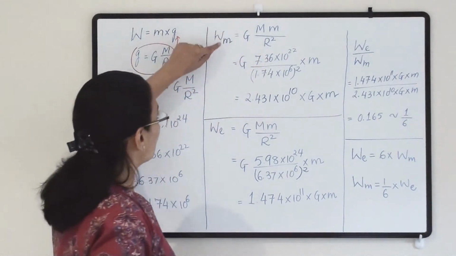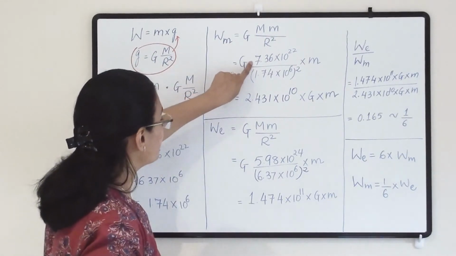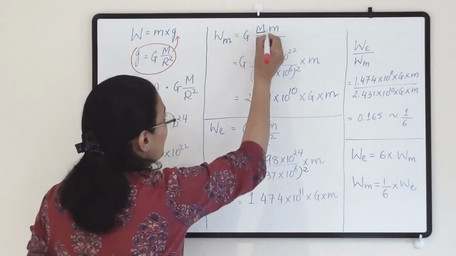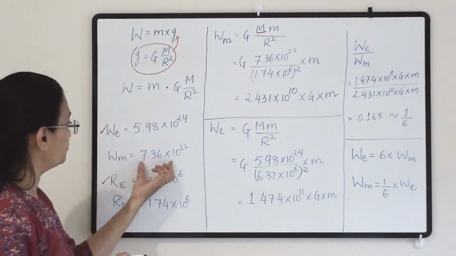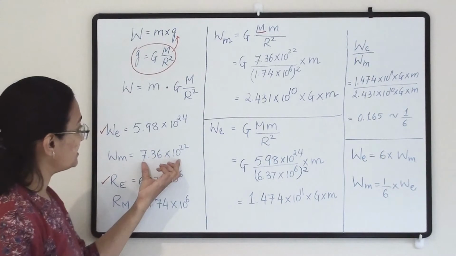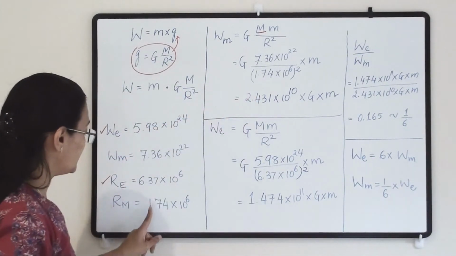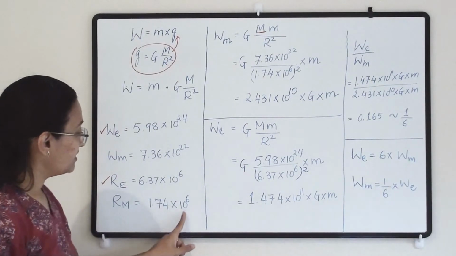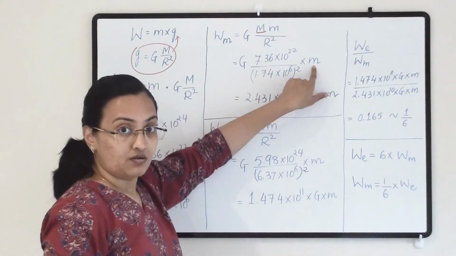Here the weight on the moon is this: we have replaced capital M's value, that is the mass of the moon, 7.36 into 10 raised to 22, divided by the radius, that is 1.74 into 10 raised to 6, squared.